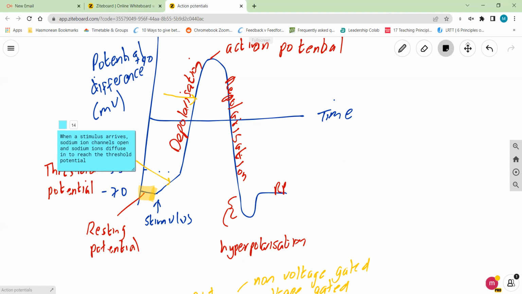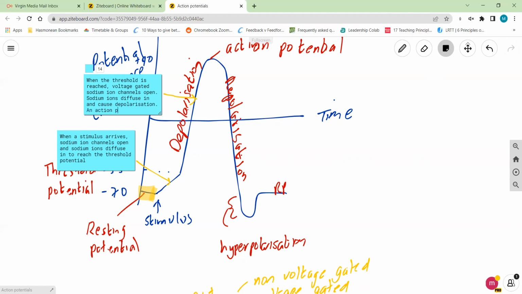And then over here, we can say when the threshold is reached, voltage gated sodium ion channels open. Sodium ions diffuse in and cause depolarization. We must learn to use the terms.